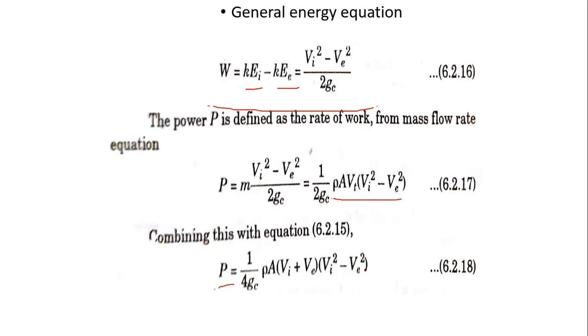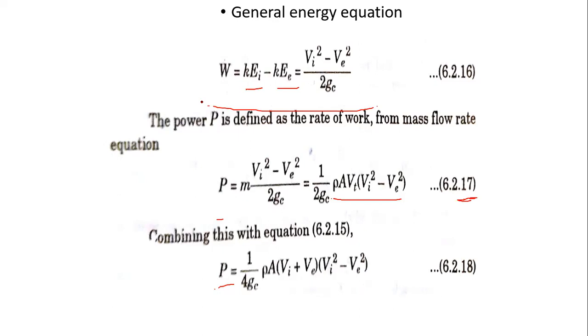This is the power equation, and from this we have to calculate the maximum power. For this calculation, maximum power should be derived, so we will see this process. If you observe equation 17, remember this.